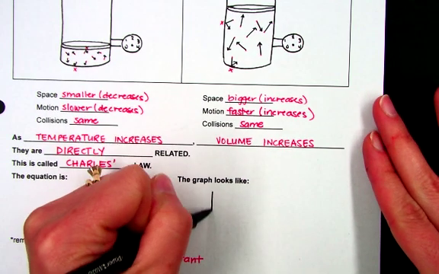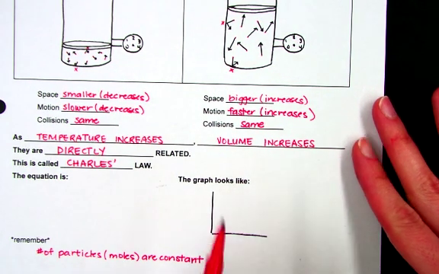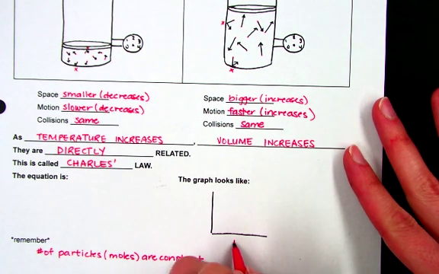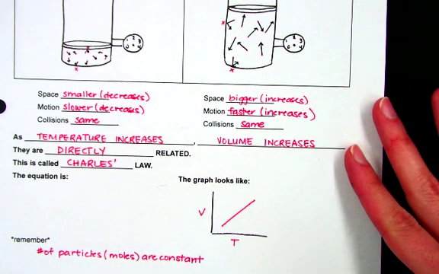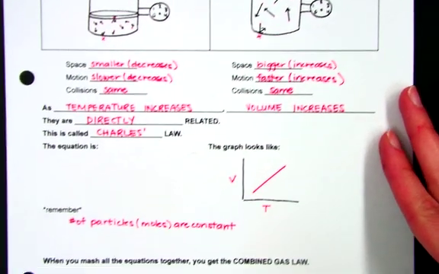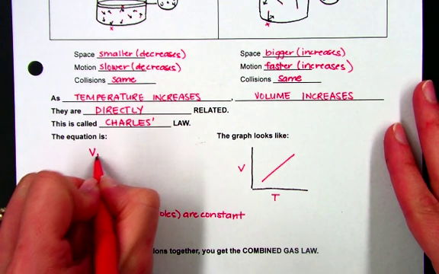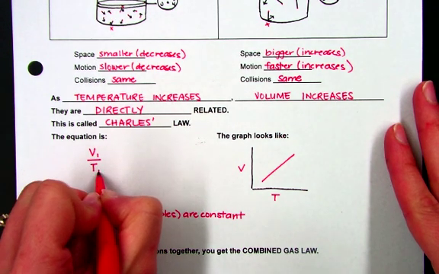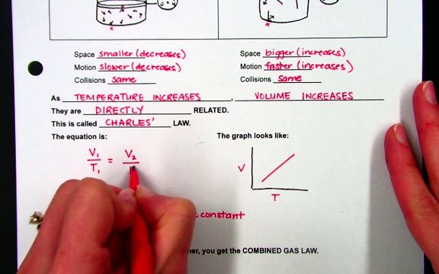The graph looks a lot like Gay-Lussac's, right? Here's temperature, here's volume. There we go. The equation is V1 over T1 equals V2 over T2.